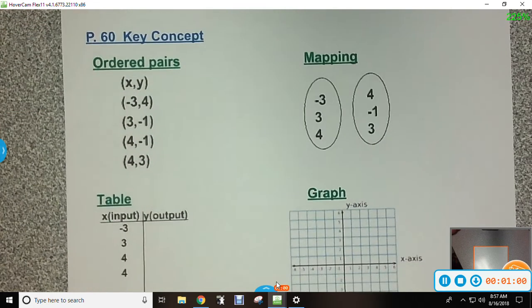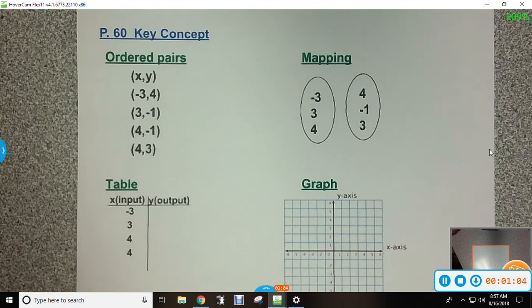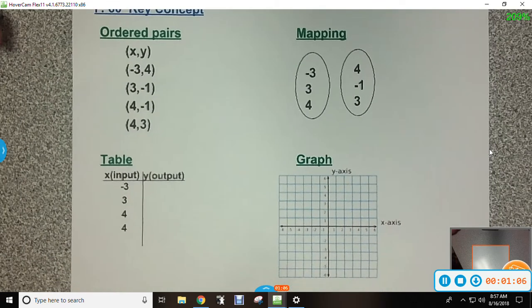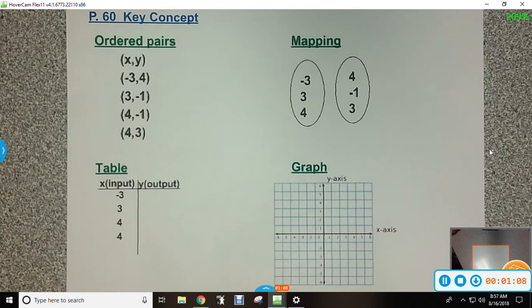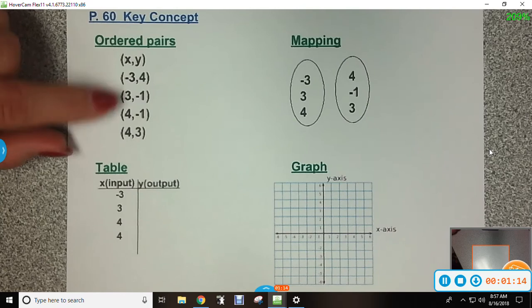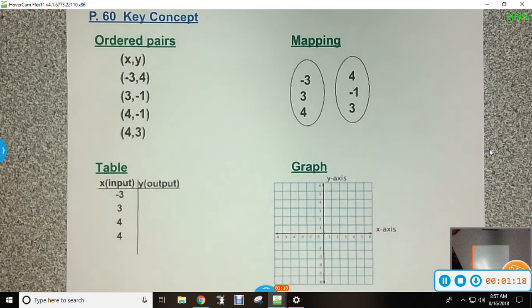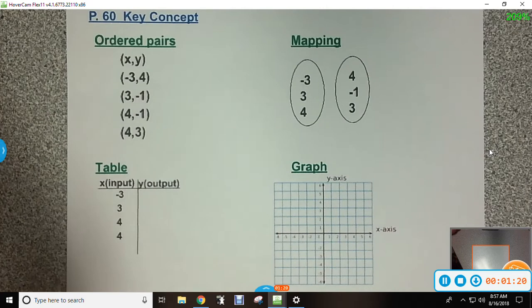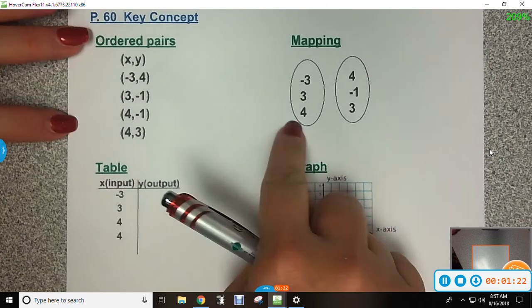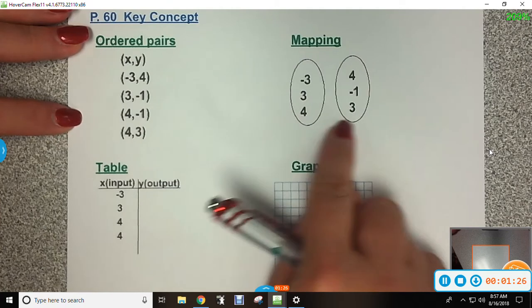Right, so now what we're going to do is look at a relation 4 different ways, the exact same relation. So here we're given a list of ordered pairs. I now need to turn that list of ordered pairs into a mapping. So all I'm going to do for this is draw arrows from this number bubble to this one.